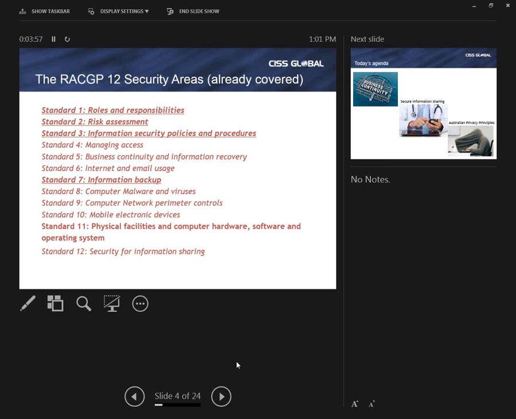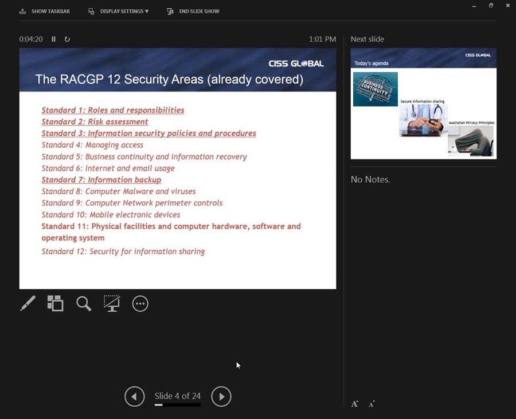Even if we're looking at the Australian privacy principles today, there are some activities or security controls that you might need to do to enact the privacy principles, and the matrix gives you the opportunity to go to your IT support and have a conversation around what needs to be done.